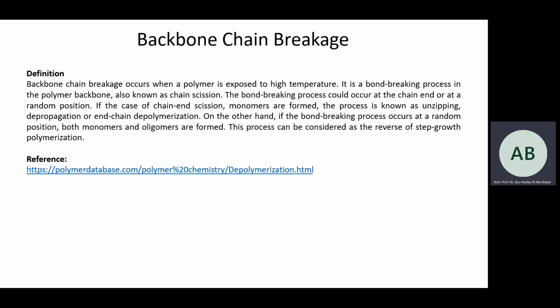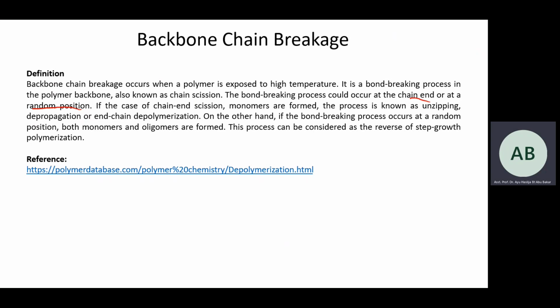The reaction occurs when the microbe attaches on the surface, then it breaks the plastic. So that one is the degradation part. It breaks the plastic using the enzyme. So it breaks based on the backbone chain breakage, where it can occur, as mentioned over here, at chain end or random position.